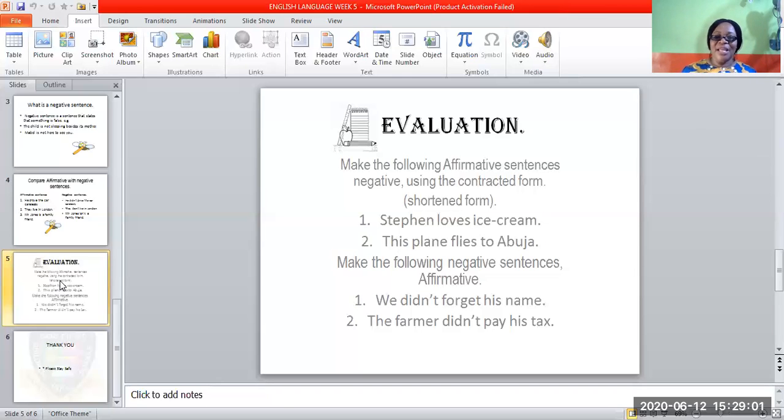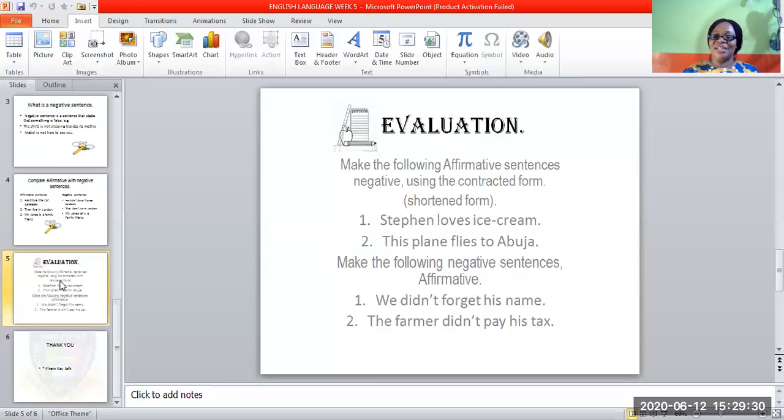The negative sentence, on the other hand, is an indication of a false, meaning it indicates not correct. It indicates not true. It indicates no. Do you get it? Very good.